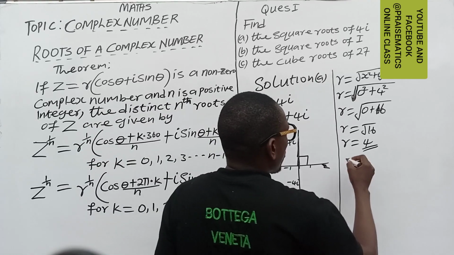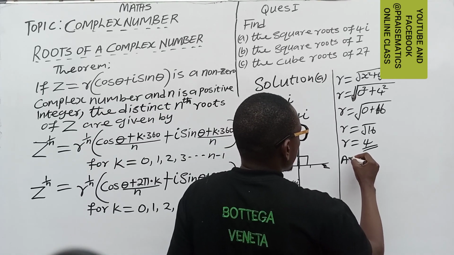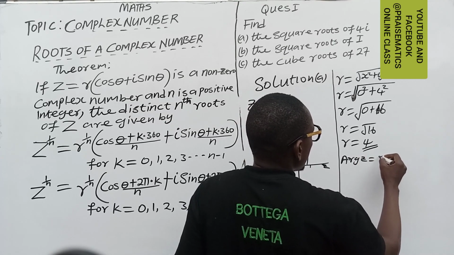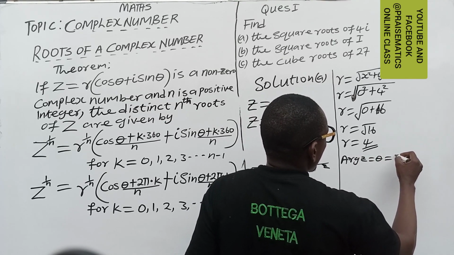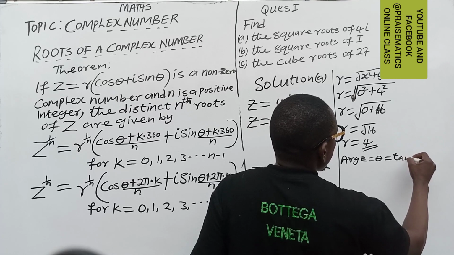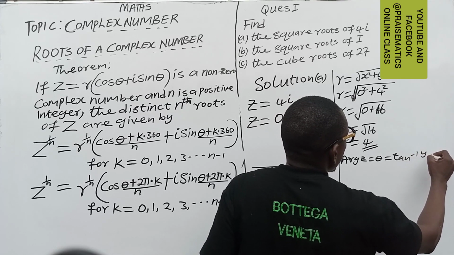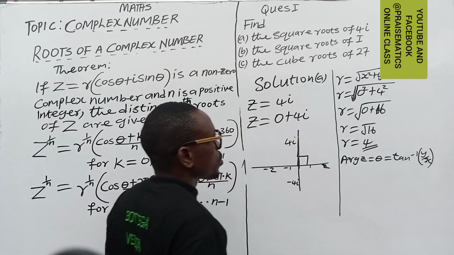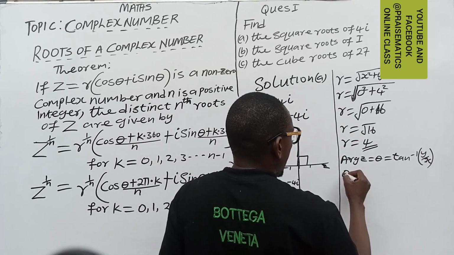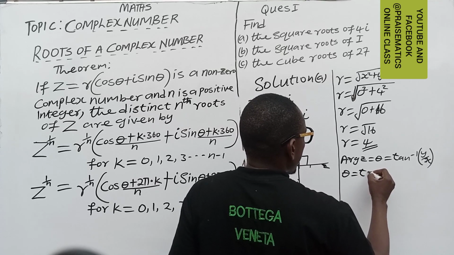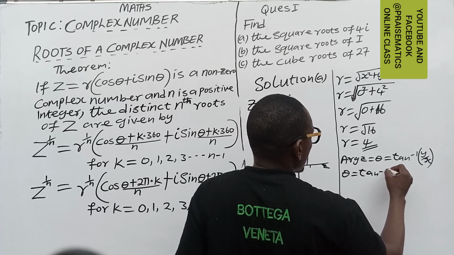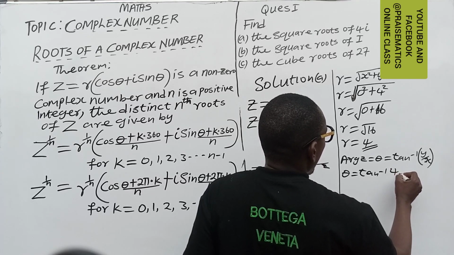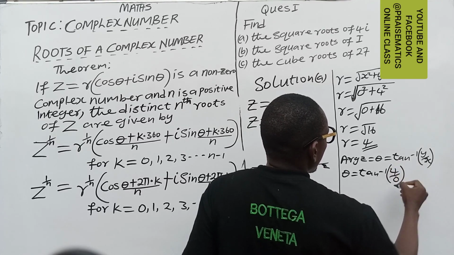Now, what about the argument? Arg z. Let's solve arg z. Arg z is equal to theta. Theta is equal to tan inverse of y over x. So always remember that theta is equal to tan inverse of y over x, and our y is 4, so 4 over 0.